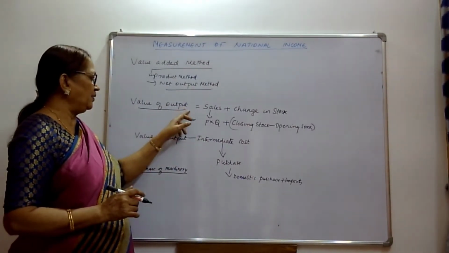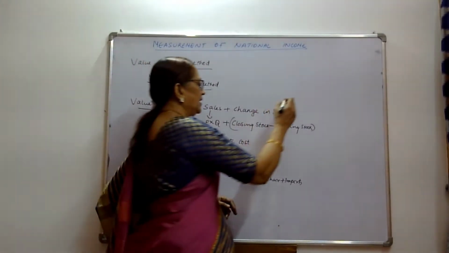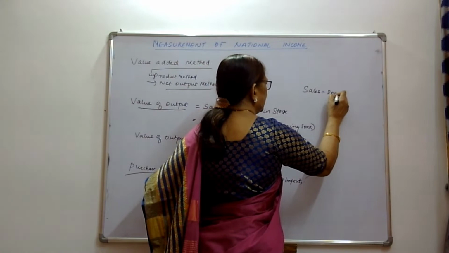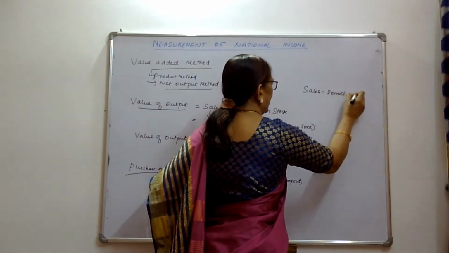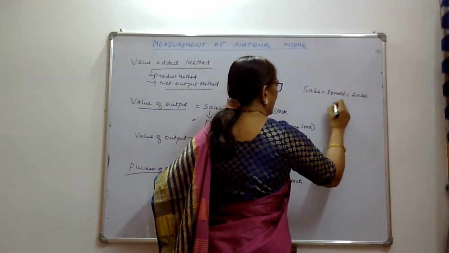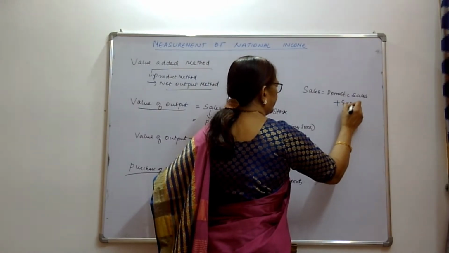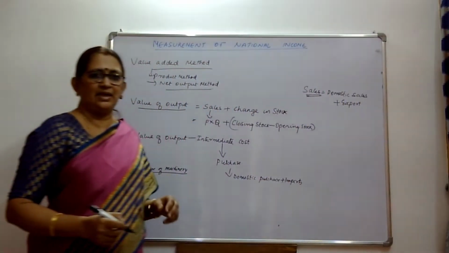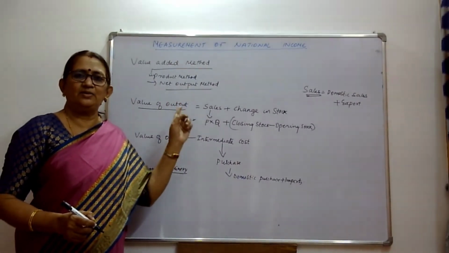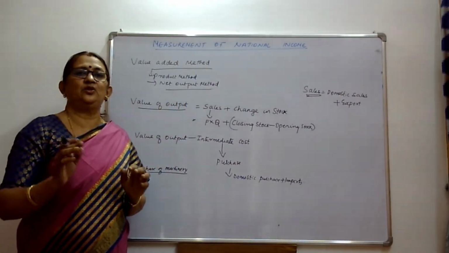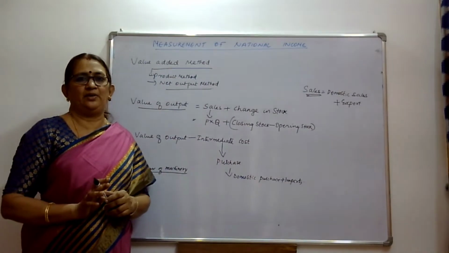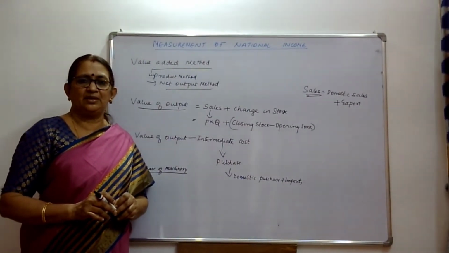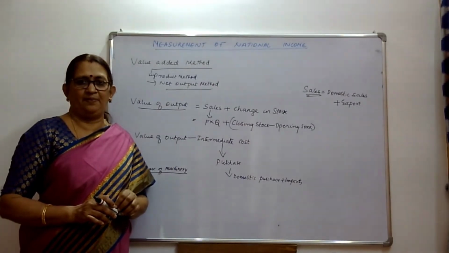Likewise, sales is equal to domestic sales plus export. If the value of sales is given in the particulars, again there is no need to add export value. I have seen it in many question papers. You can check previous year question papers.